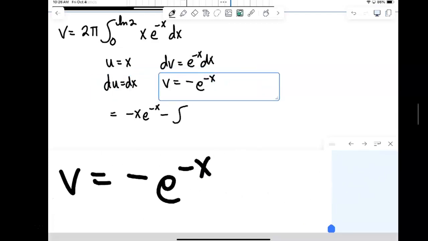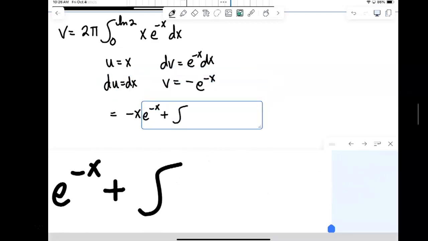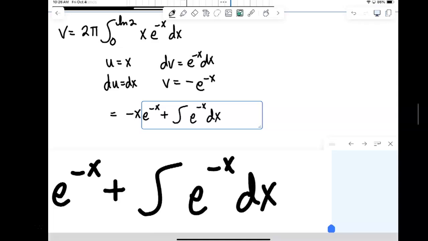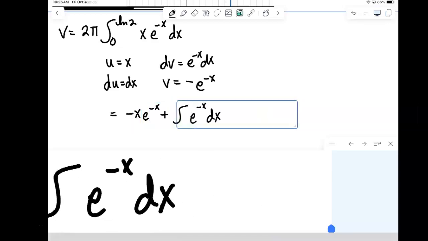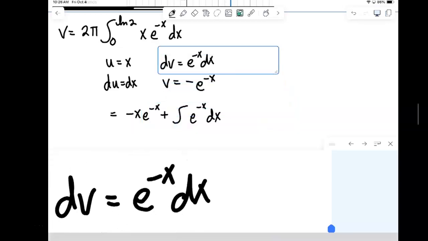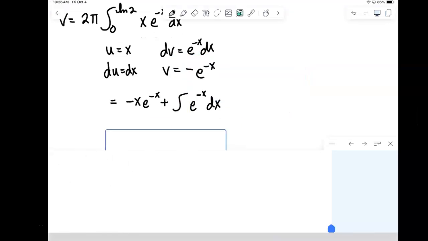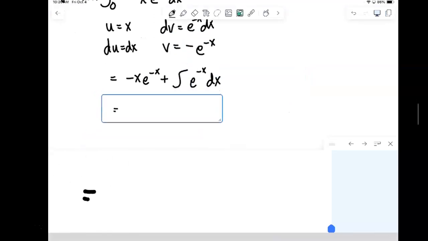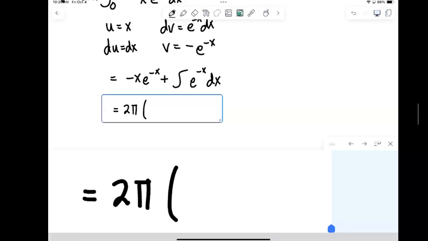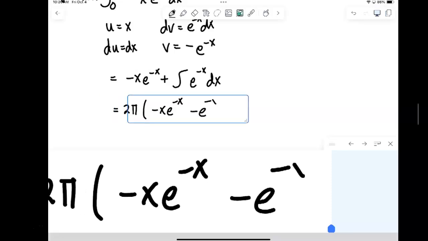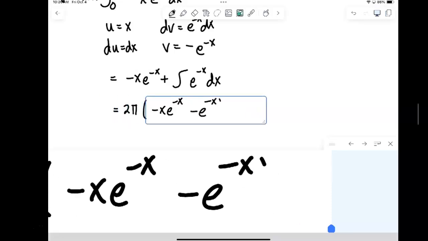But because that has a negative on it, that will just make my integral become plus the integral of e to the minus x dx. And so basically we're stuck integrating that thing again, which we just did. We know it's minus e to the minus x. So working this out, we have the 2 pi that was on the outside originally, times the quantity minus x e to the minus x minus e to the minus x, all evaluated between 0 and ln 2.